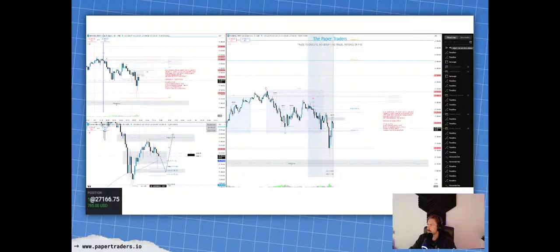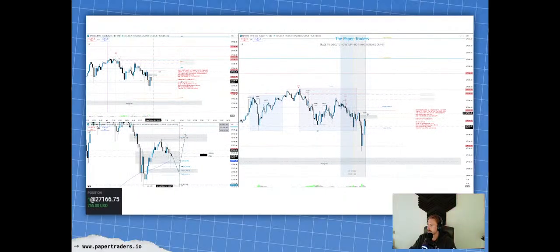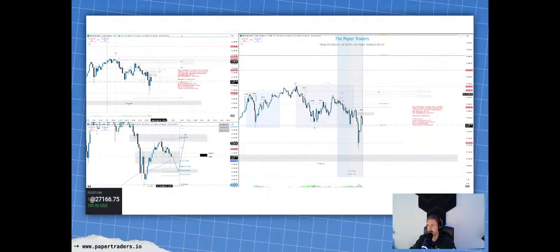There's that 5-minute fair value gap projection. Let's see. So there's potential for us to come back into OTE of this range now, right?